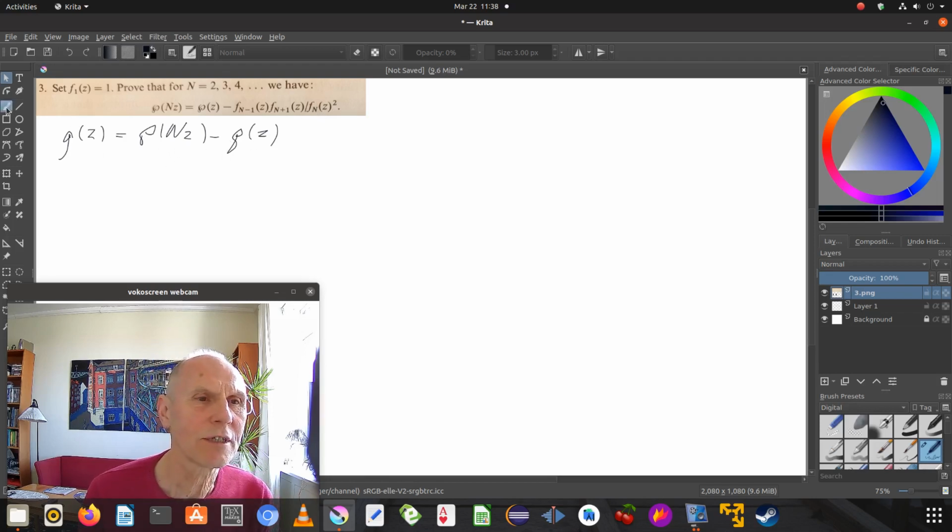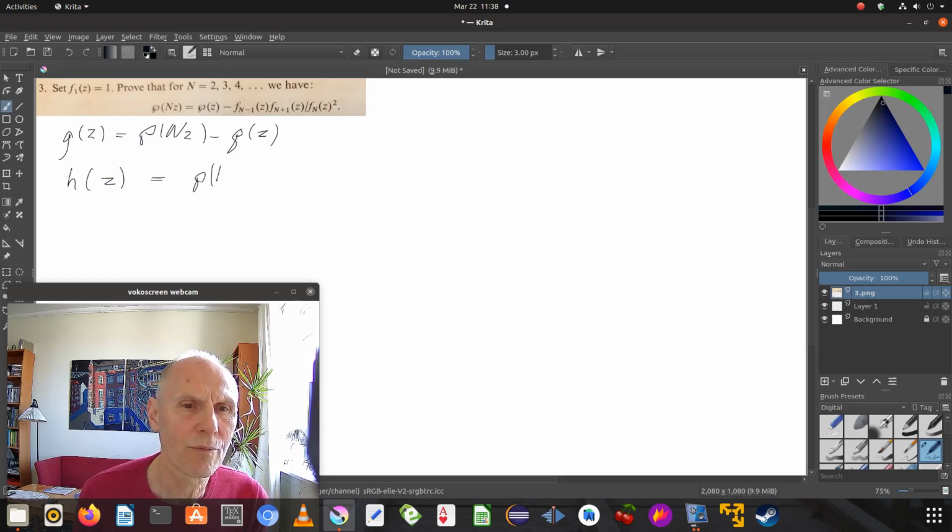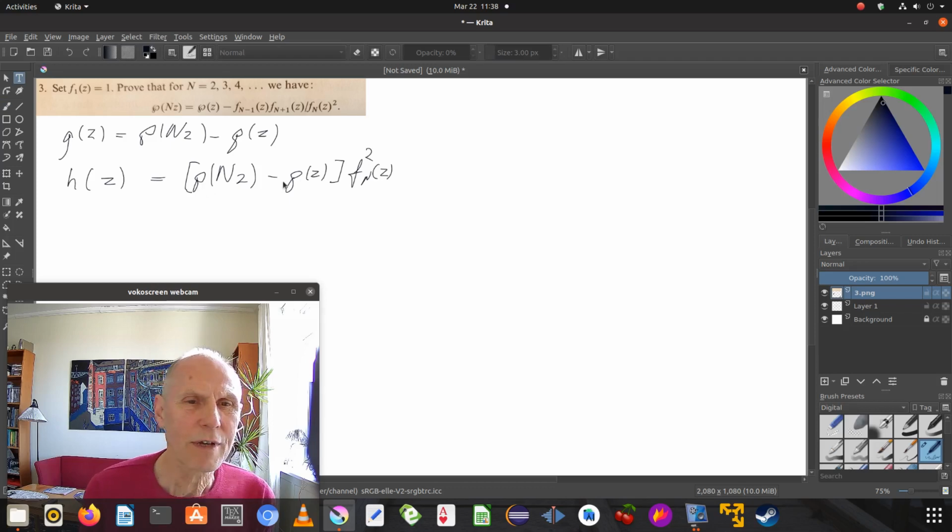So that means that maybe we should consider the function where this guy has no poles because they've been eradicated by this. So we just need to check the zeros of this function.